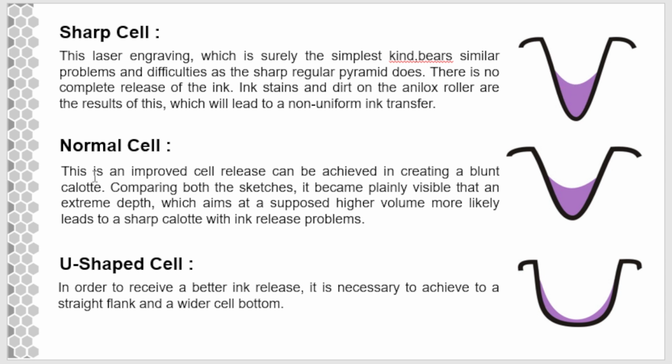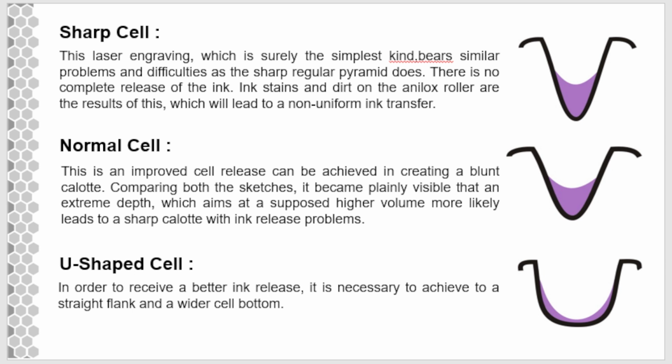Normal cell. An improved cell release can be achieved by creating a blunt calotte. Comparing both sketches, it becomes plainly visible that an extreme depth, aimed at a supposed higher volume, more likely leads to a sharp calotte with ink release problems.